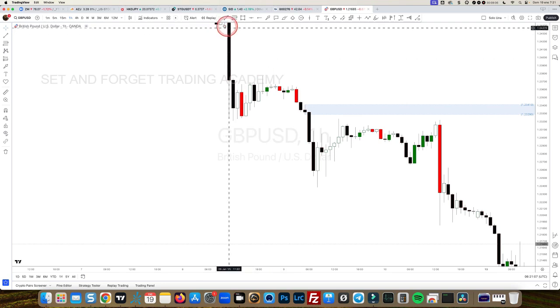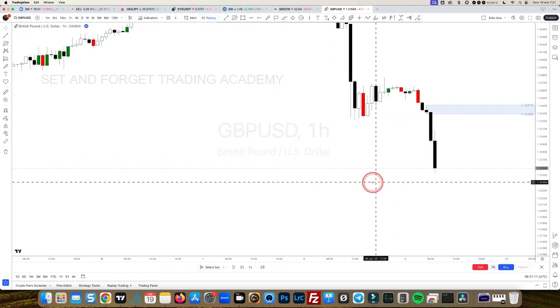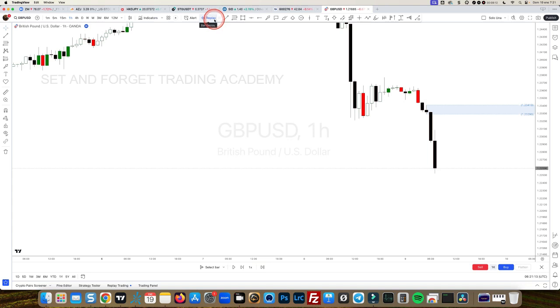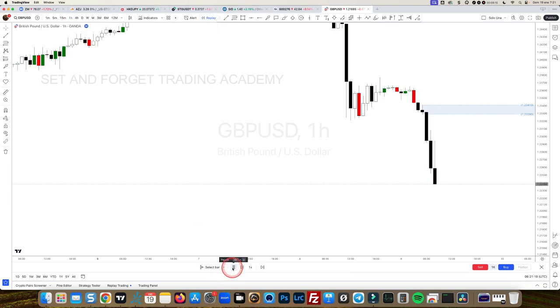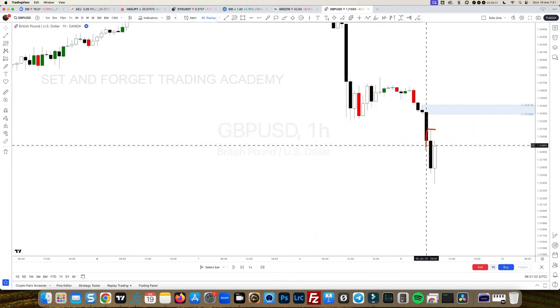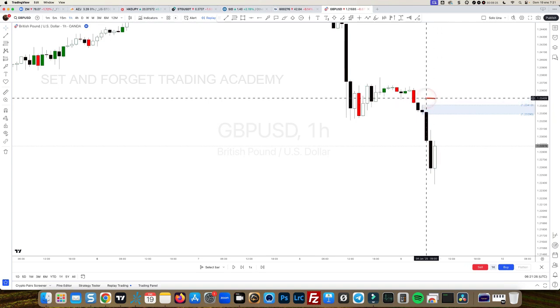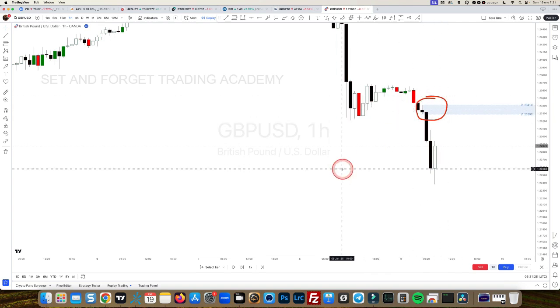So if I use the replay functionality, right now, and I move forward one candle, okay. Now that we've got this candle closed, the black one, we consider this one over here a valid CP.